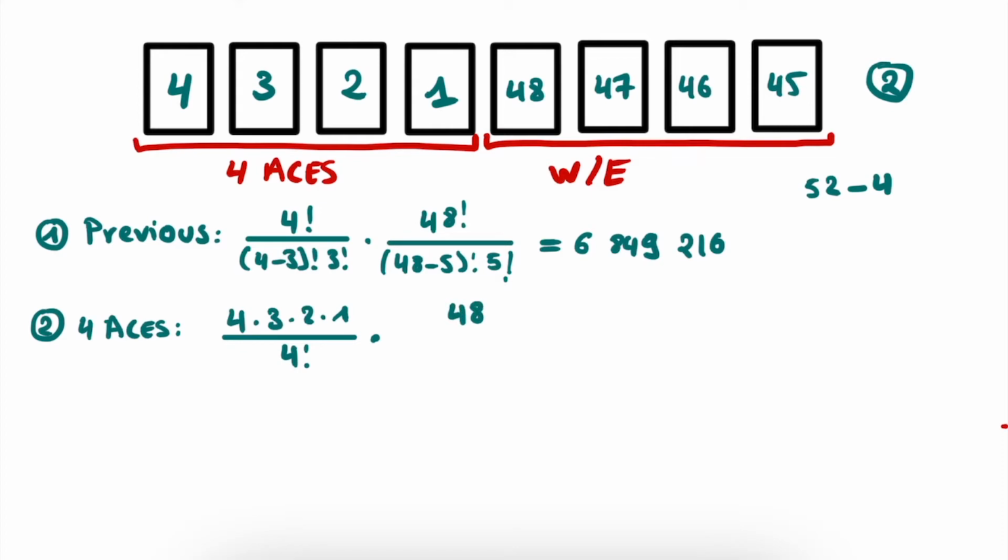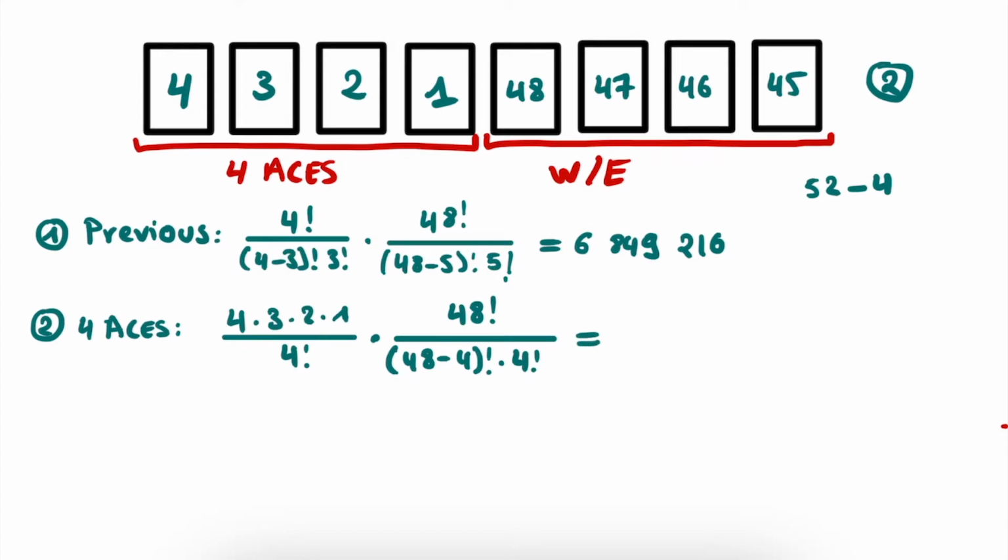We have 48 possible cards to choose from in this problem, and we divide this by (48 minus 4) factorial, and this minus 4 is of course because we still have to choose 4 cards, multiplied by 4 factorial because we can shuffle these 4 cards around in 4 factorial possible ways.